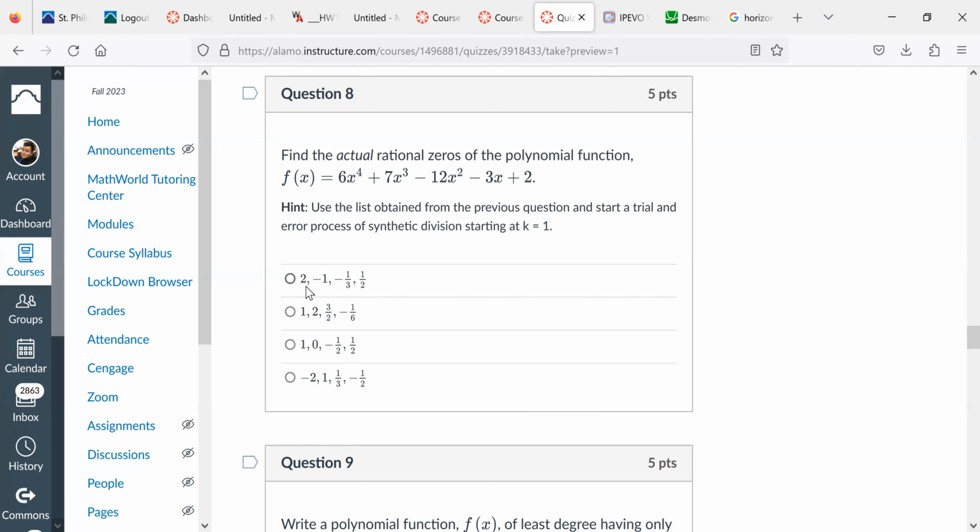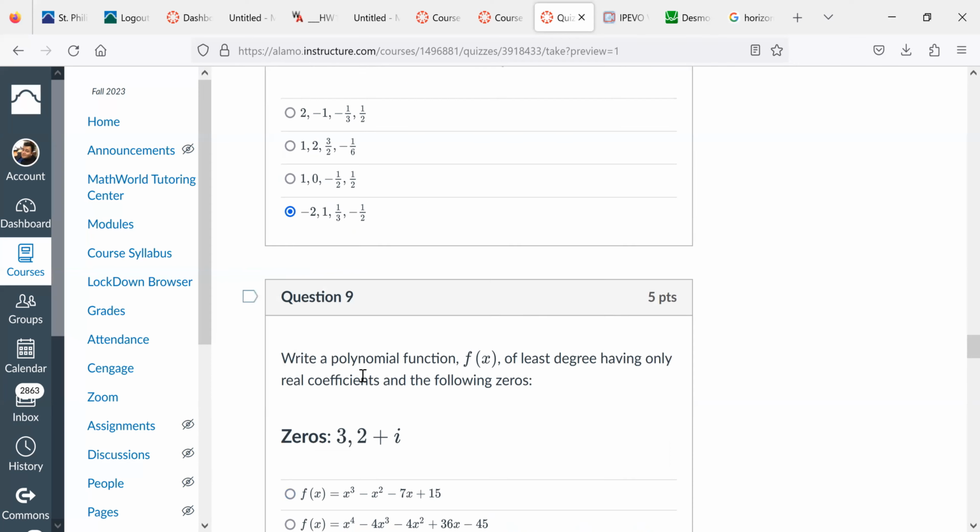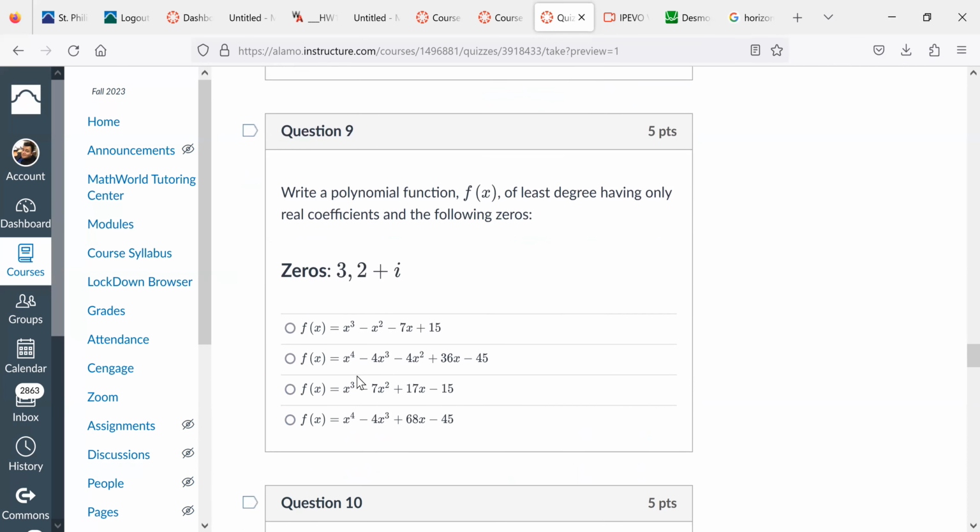So negative 1 and negative 2. So it's going to be this. When you do quadratic formula, you end up with these two. But I'm low on time, so let's move on.